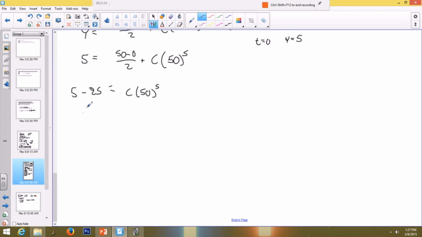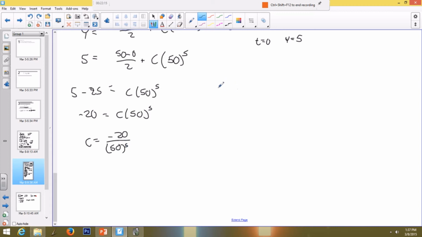So I get negative 5, or negative 20. That's not even good. Negative 20 equals c times 50 to the fifth, and so c equals negative 20 over 50 to the fifth.